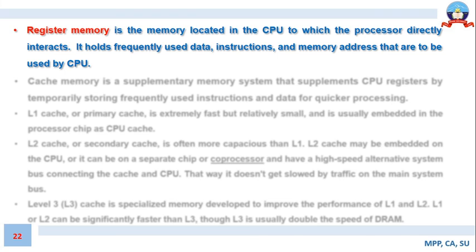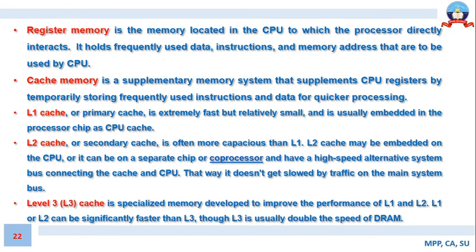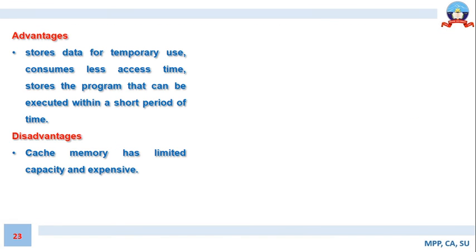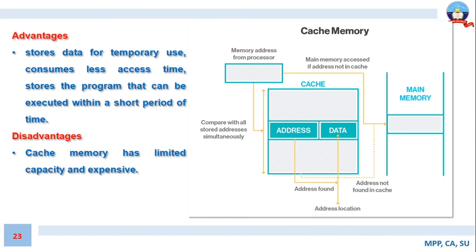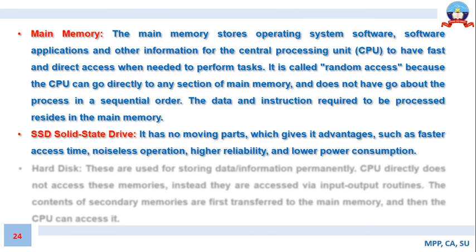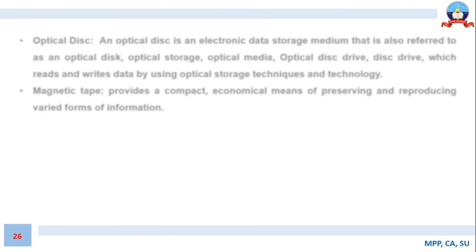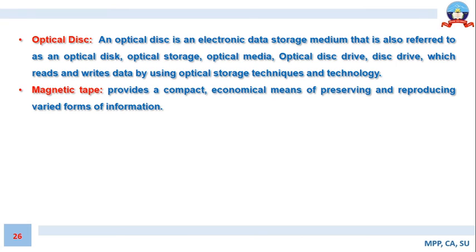Then we learned about the memory types in greater detail, where we learned about the importance of CPU register. Then we learned about the importance of cache memory. We learned about different types of cache. We learned about advantages and disadvantages of cache. We learned how cache technology works, and then we moved on to the importance and significance of main memory, then solid state disks, and then hard drive, and then eventually we discussed optical disk and magnetic tapes.